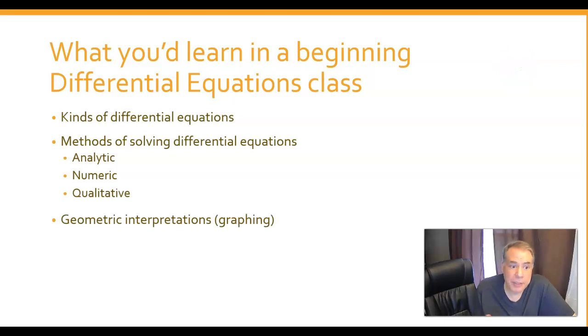You'd study probably some geometric interpretation, some graphing, how you would graphically represent a differential equation itself or the solution or a system of differential equations. And of course, you'd study some applications, some situations that you would model and study and deal with by setting up and solving differential equations.